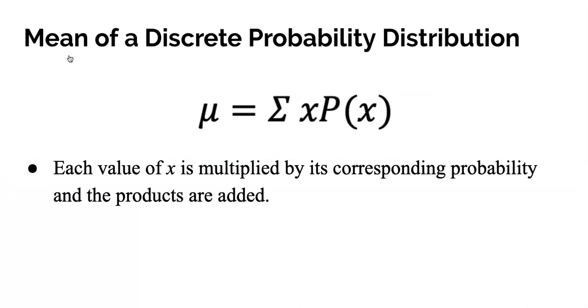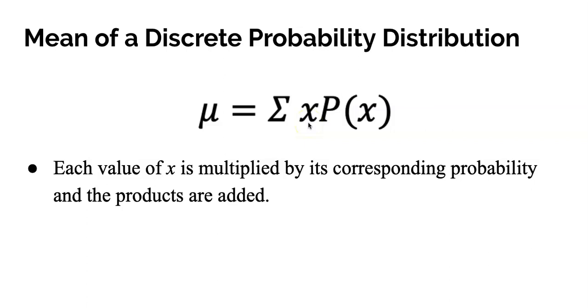In statistics class, these symbols and formulas just look so intimidating, but you do know these symbols. This mu stands for the mean. So the mean of the probability distribution is going to be, what does this sigma mean? This means sum, right? You're going to add up a whole bunch of x times p of x.